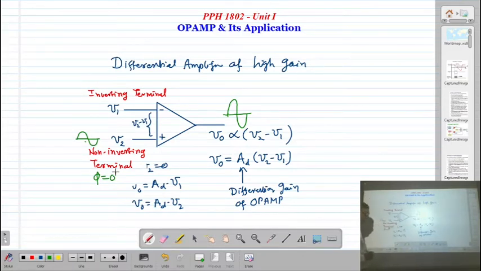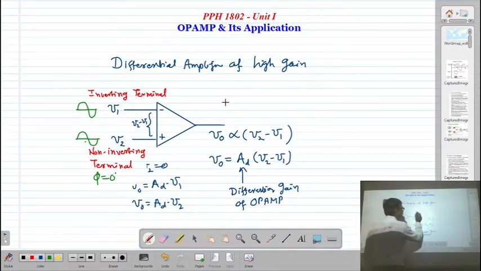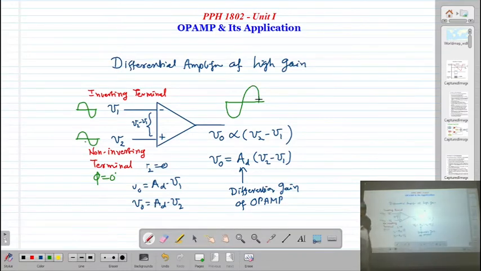When we apply a signal to an inverting terminal, if I apply this kind of sine wave here, then instead of this kind of wave, I will get an inverted signal. The amplified signal will be inverted. So here it is going to introduce a phase of 180 degrees.